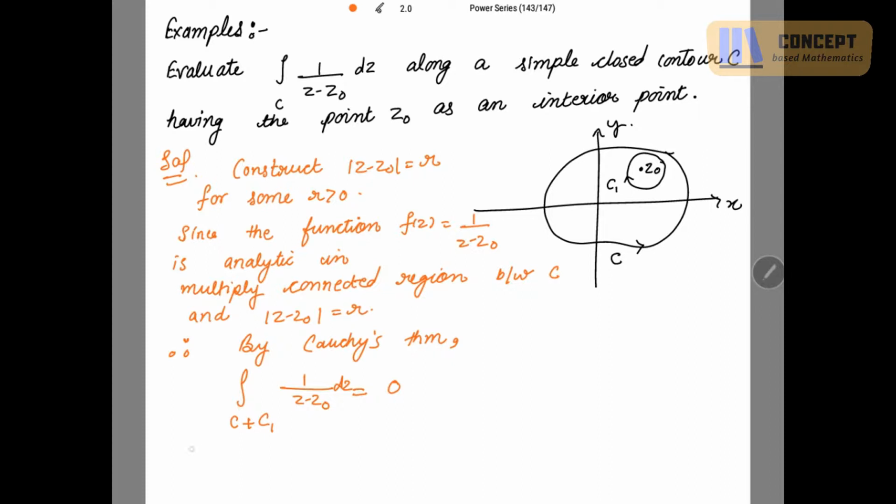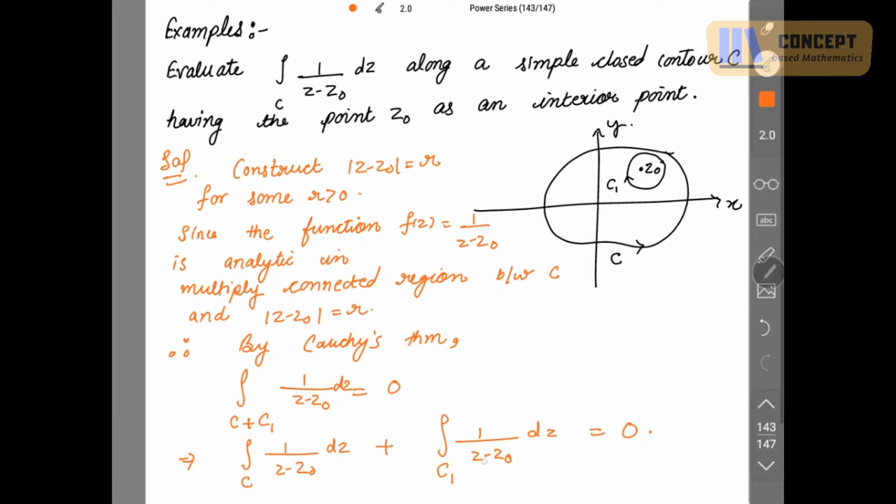0. So this implies, if I take them separately, the integral over C of 1 over z minus z naught dz plus the integral over C1 of 1 over z minus z naught dz is equal to 0. Next I take this second integral to the right hand side.